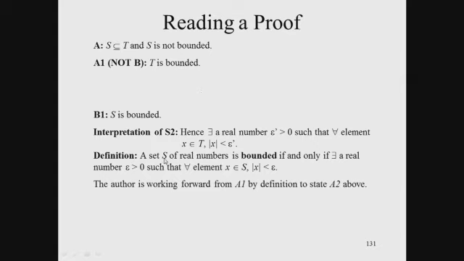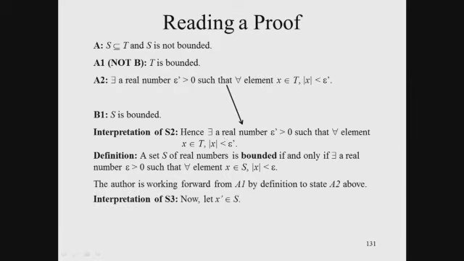A set T of real numbers is bounded if and only if there is a real number, in this case the author calls it epsilon prime instead of epsilon, greater than 0 such that for every element x in T, absolute value of x is less than epsilon prime. This is the definition of a bounded set, in particular T being bounded. So the author has worked forward from A1 by definition to write this.